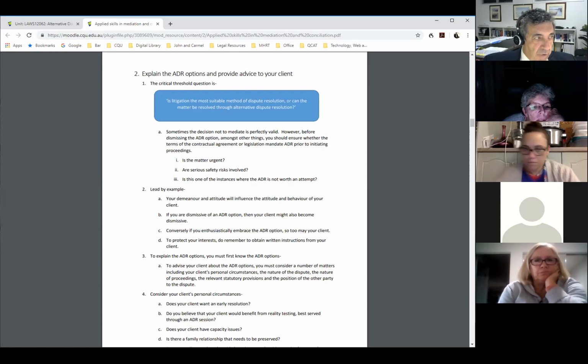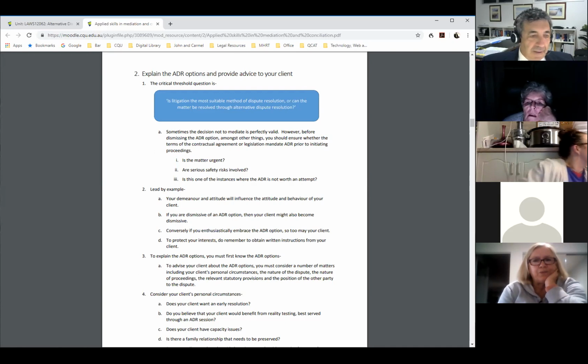So, for example, if the matter was urgent or there were serious risks for safety, or it may just simply not be worthwhile. You've got to be careful about the last one. It's one where it's just not worth an attempt, because some of the more senior practitioners who are much more accustomed to litigation than mediation will say, well, of course, there's just no chance this will resolve.